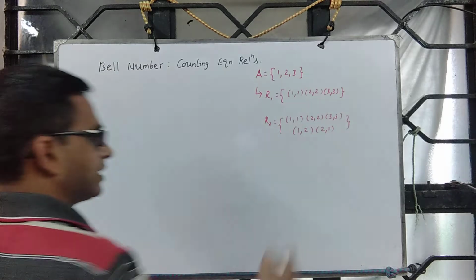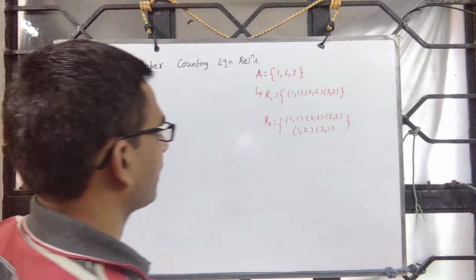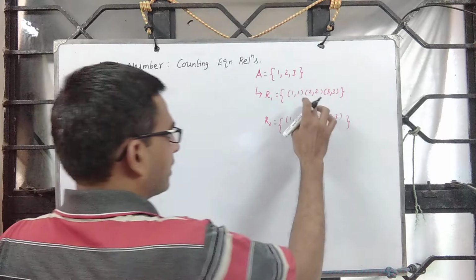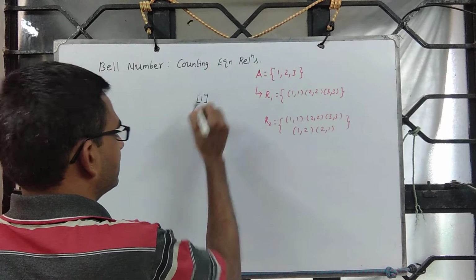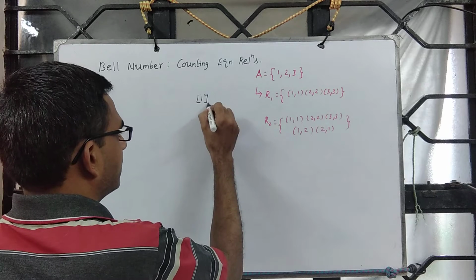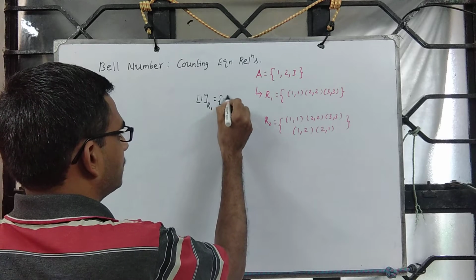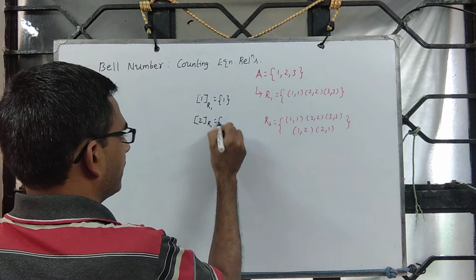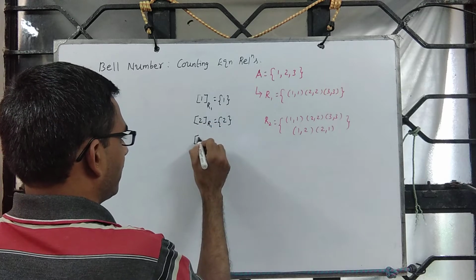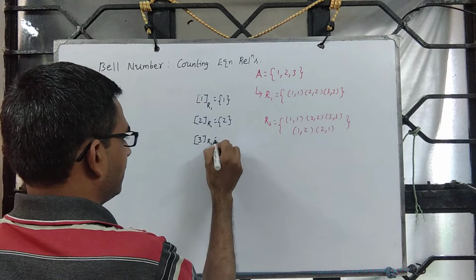So like this one can start listing them, and we saw that for the first, if you look at the underlying equivalence classes, the equivalence class of 1 contains 1 alone, the equivalence class of 2 is just 2, and the equivalence class of 3 is just 3.